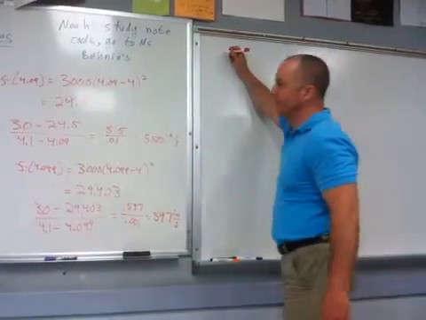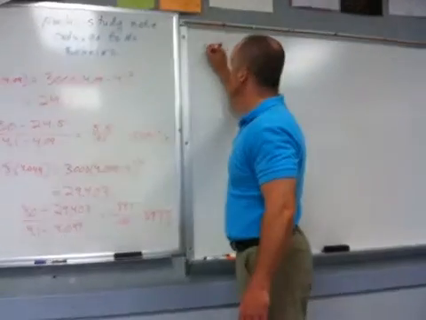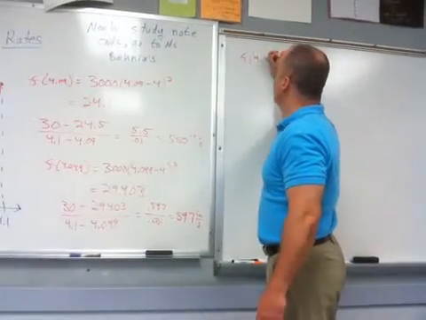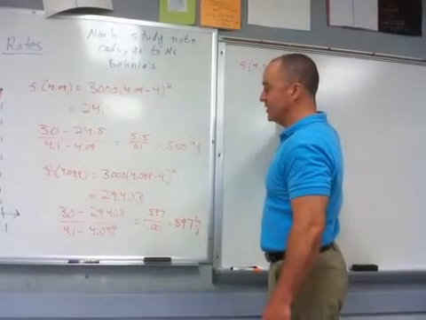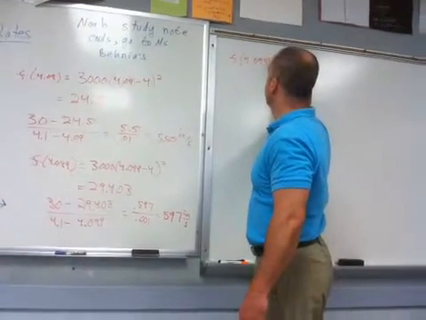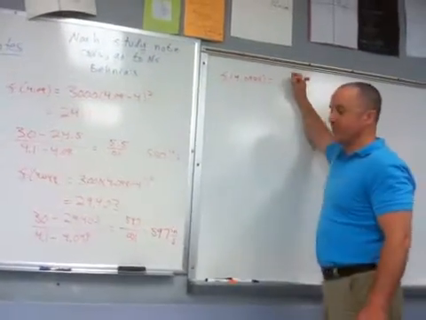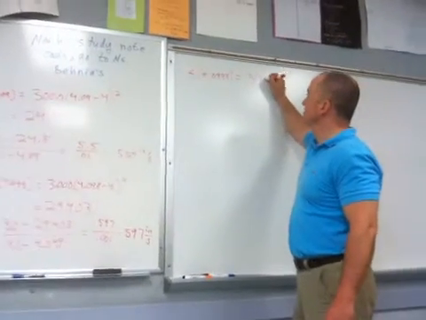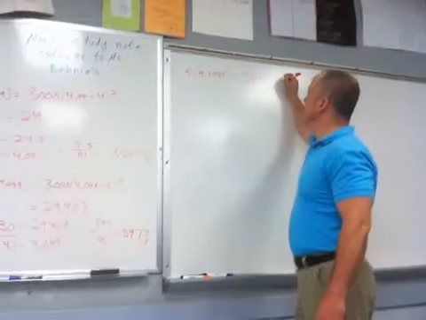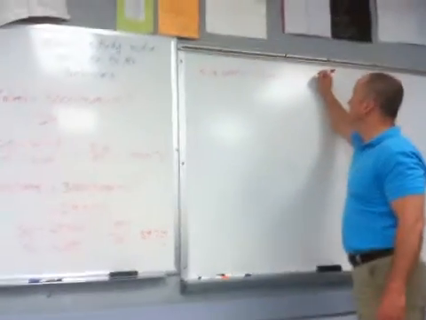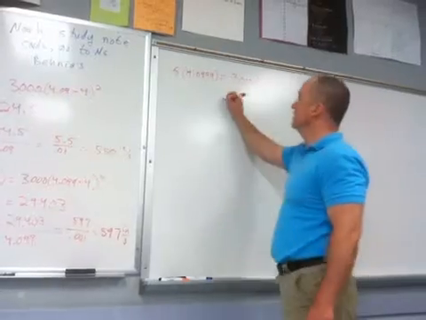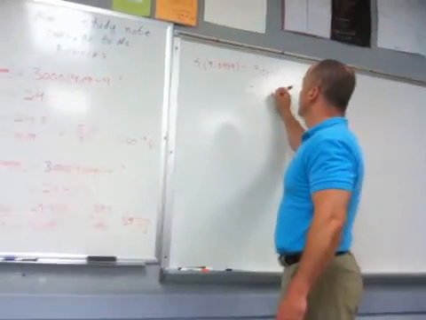But let's do one more. Check this out. 4.0999. What is 3,000 times 4.0999 minus 4 squared? 29.94003.